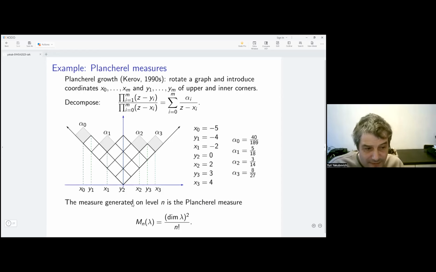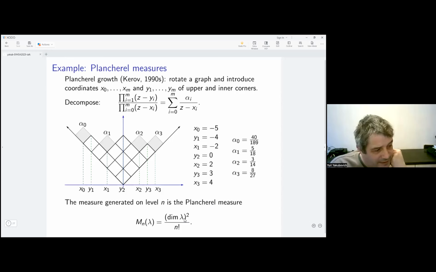And then on level n, we will have this measure, which is known as the Plancherel measure. It has the following formula here. Dim lambda is the so-called dimension of a partition lambda.